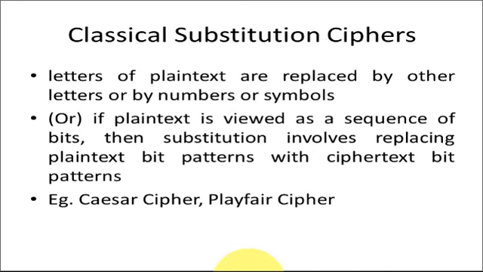Next, the classical substitution cipher. The letters of the plain text are replaced by other letters or by numbers or symbols. That is the traditional, olden substitution cipher. Substitution means that if you are sending a text message, each letter is replaced by another letter, number or symbol. That replacement we call a substitution.